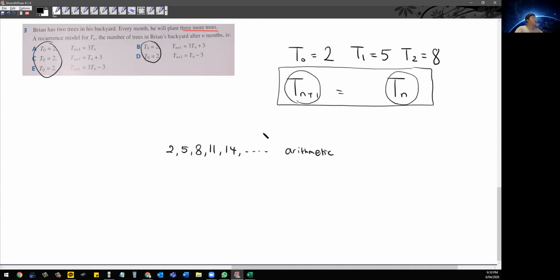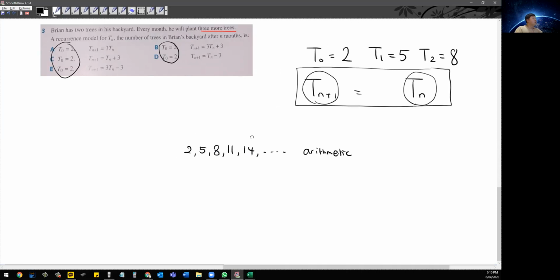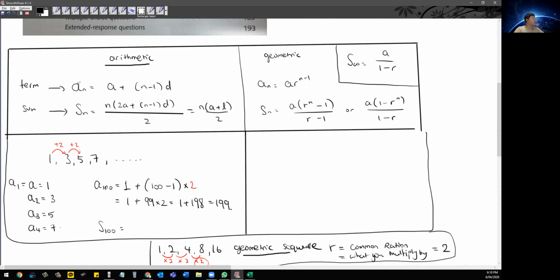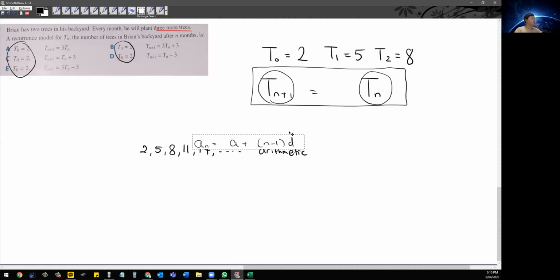Arithmetic. Now, the number of trees has this formula. If you go back to this arithmetic sequence formula, remember this? We can change that to the nth term is the first term, T naught, plus n minus 1 times d.